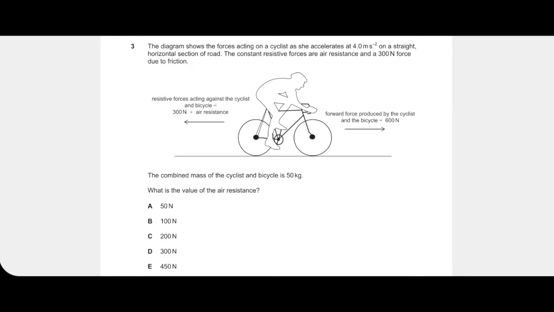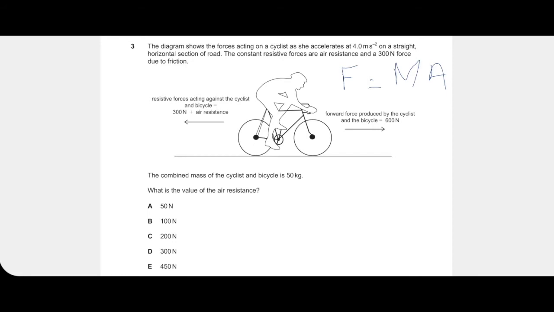Straight away you should be thinking of F equals ma, where force is the total force in a single direction, mass is the mass of the object you're referring to, and acceleration is in a single direction.